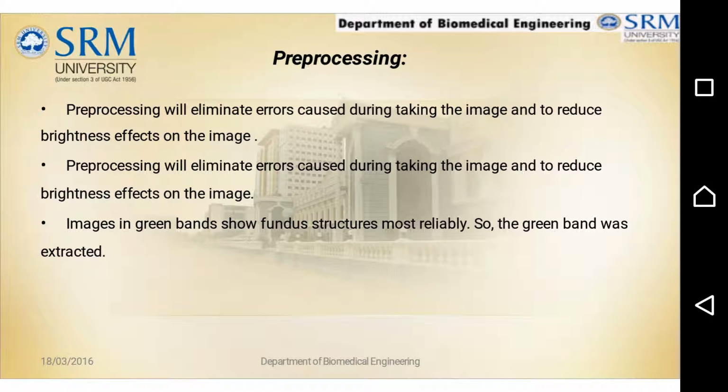Now the pre-processing steps include the elimination of errors caused during taking the image and reducing brightness effects on the image. Images in green bands show fundus structures most reliably. So the green band was extracted.